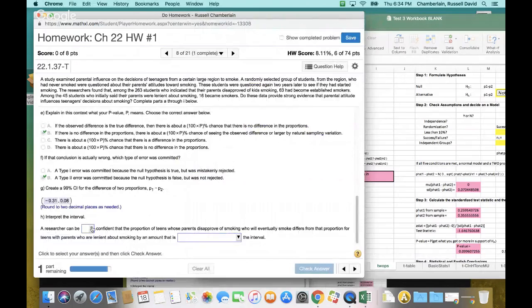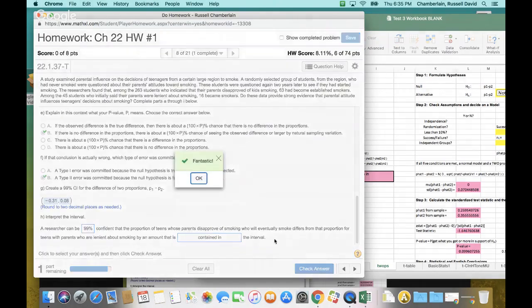Okay, so a researcher can be 99% confident that the proportion of teens whose parents disapprove of smoking who will eventually smoke differs from the proportion for teens whose parents were lenient about smoking by an amount that is contained in the interval. What are the other options? Greater than, nope. Equal to, nope. Less than, nope.